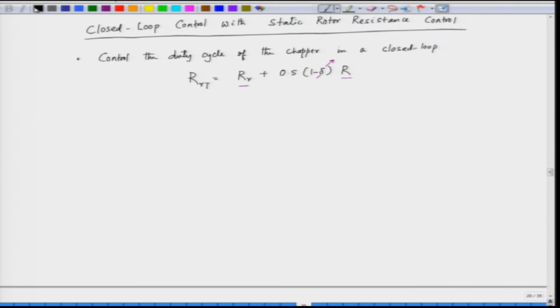Now, this is achieved in the following fashion. So, we have the slip ring induction motor, we have the rotor and the stator here, and the stator is fed with the normal 3-phase AC.